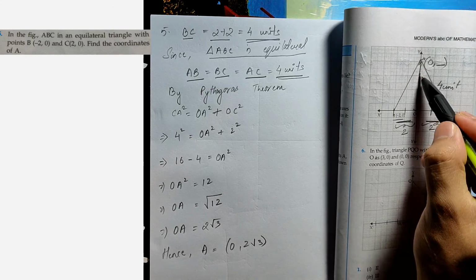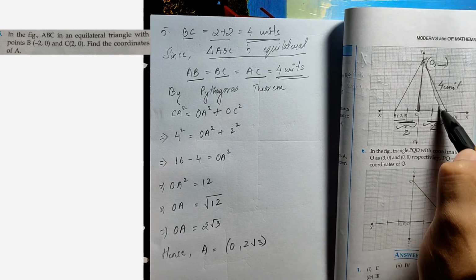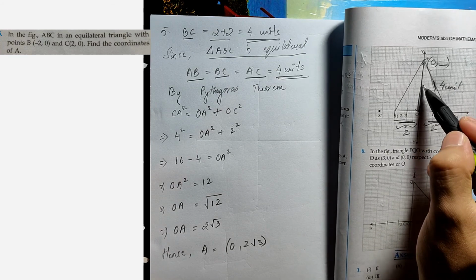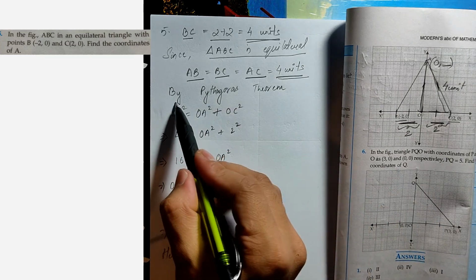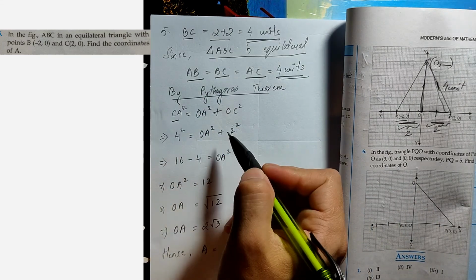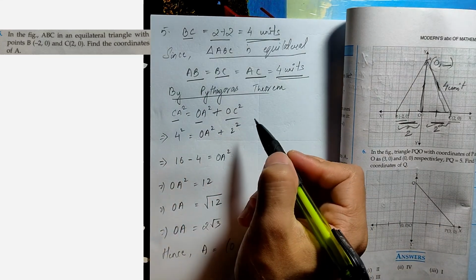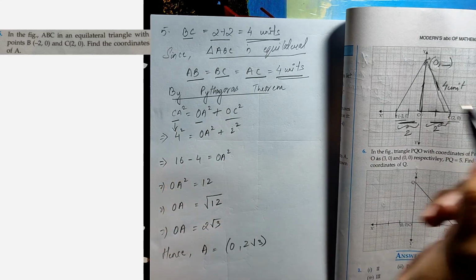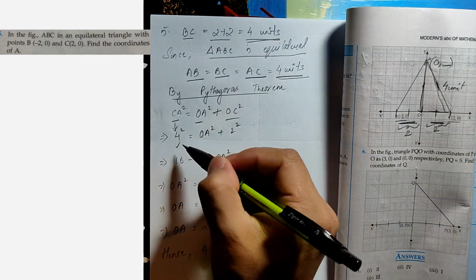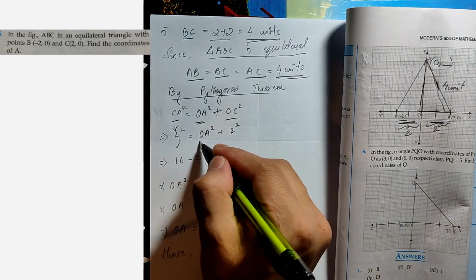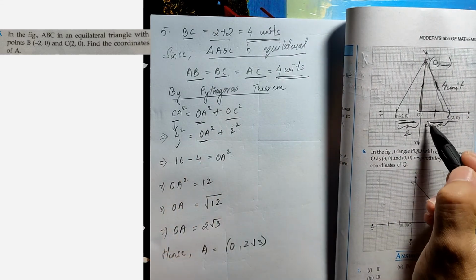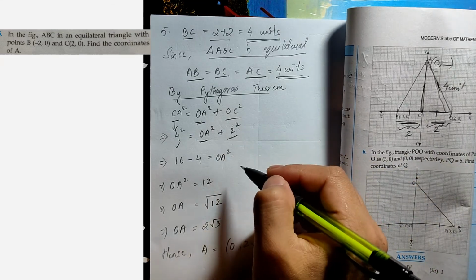Now if you apply Pythagoras theorem in this triangle, this becomes your hypotenuse, and these become your other two sides, right? So by Pythagoras theorem, hypotenuse square is equal to sum of the squares of other two sides. So AC or CA is 4, so 4 square. OA is what we have to find, so OA square, plus OC is nothing but 2, so 2 square.